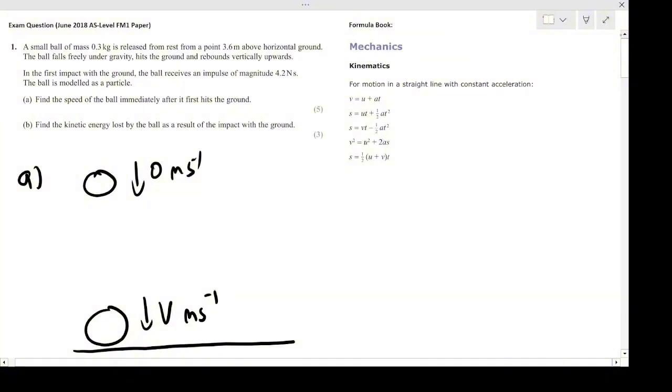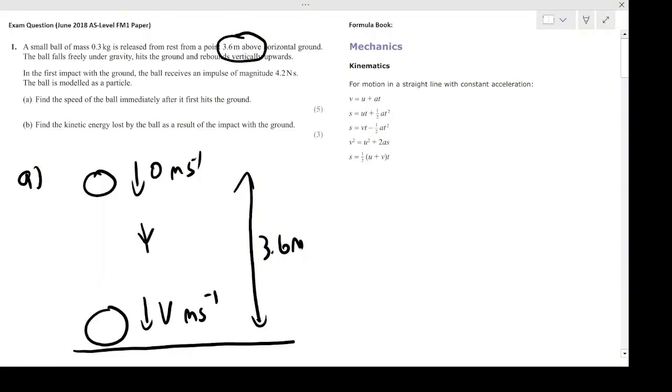I am also told it dropped 3.6 meters downwards. So this whole height is 3.6, okay? And I also know the acceleration downwards when it's falling is 9.8, okay? It's g. So hopefully happy with that.